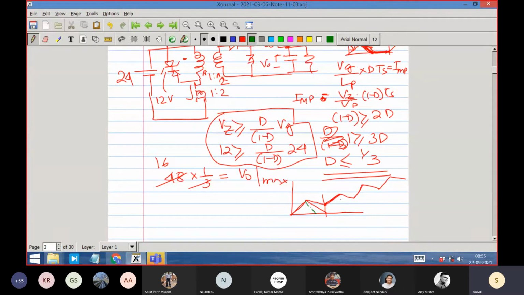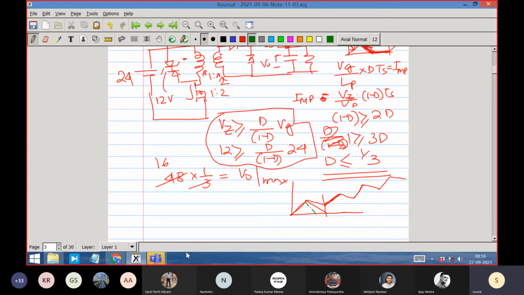Here, if you go with a 12 volt Zener with a 1:2 transformer, the requirement is just a 12 volt Zener with the 24 volt thing, because it doesn't depend on the turns ratio. There is no turns ratio effect here. The turns ratio just affects the output voltage.